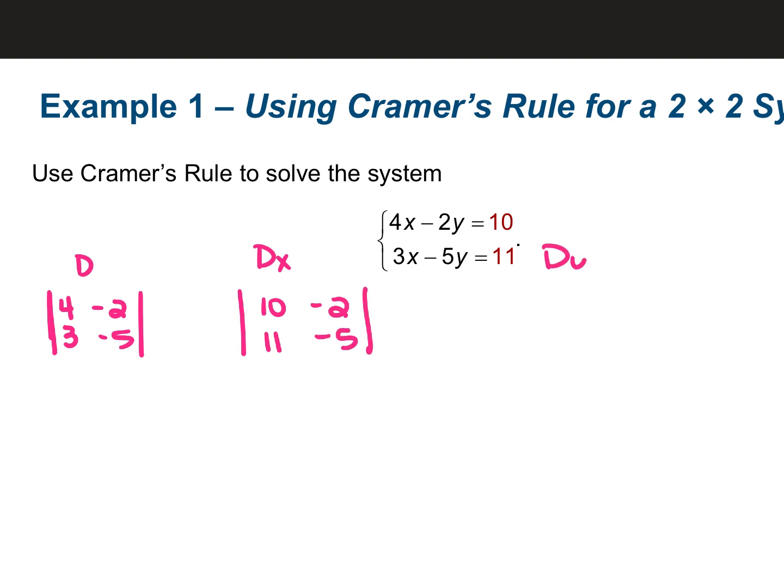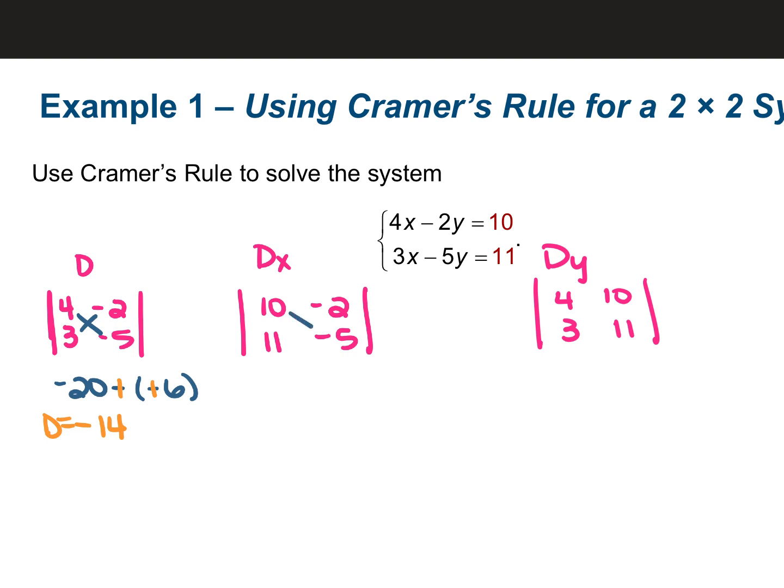And to find D sub y, we're going to use 4, 3, 10, 11. To find D, multiply your 4 times negative 5, that's negative 20, minus 3 times negative 2 is negative 6. Double negatives turn to positives, so that gives you a negative 14 for D.